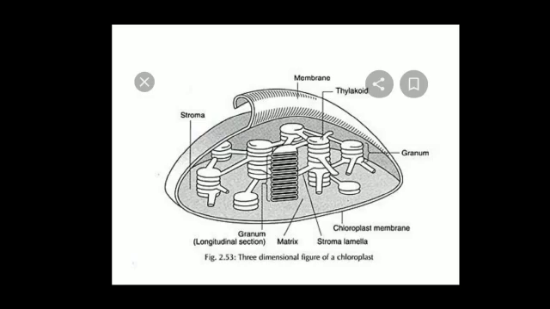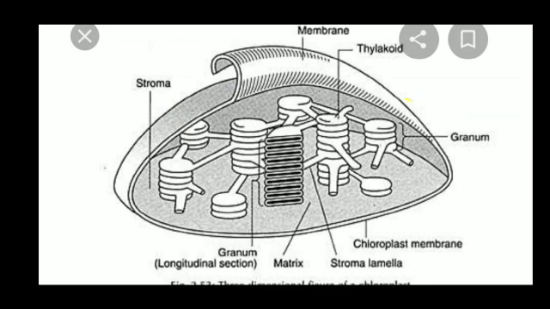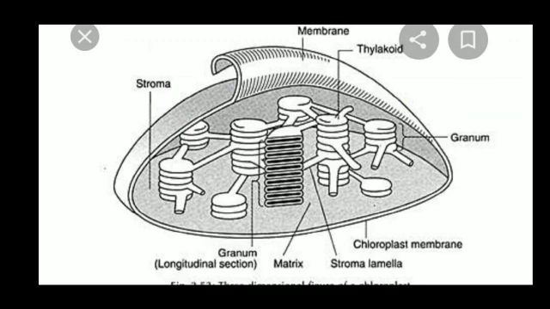Children, next one is plastid, the most important cell organelle of plant cell. A chloroplast also has a double membrane structure, inner and outer membrane. Stroma or matrix, a jelly-like structure, is there.